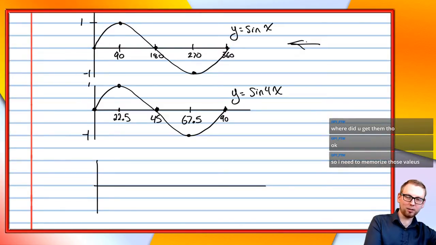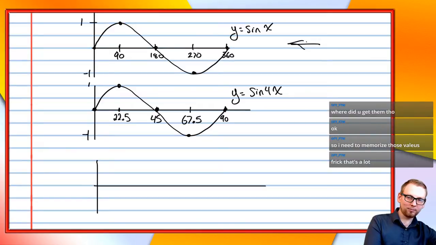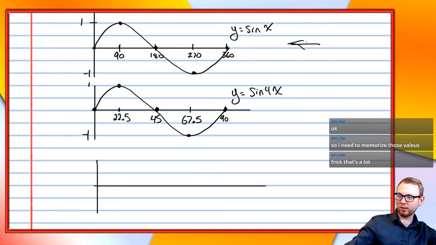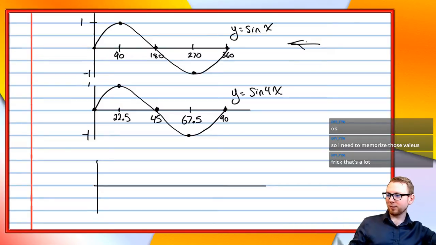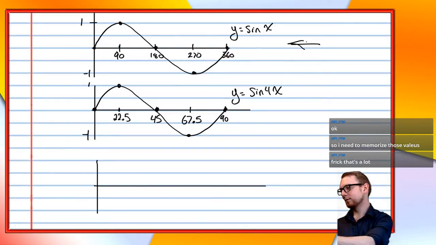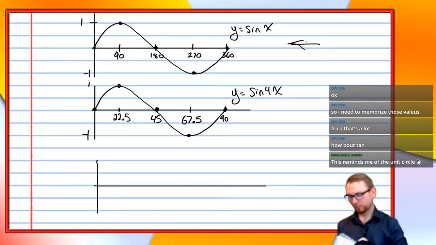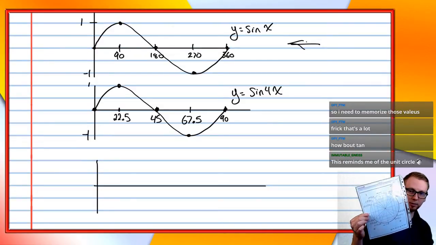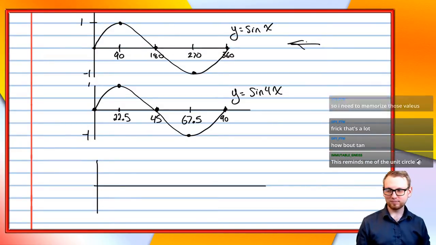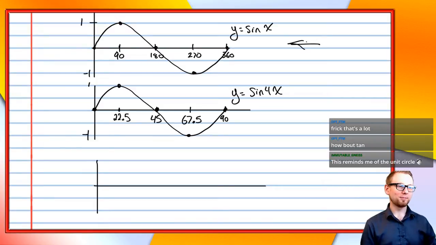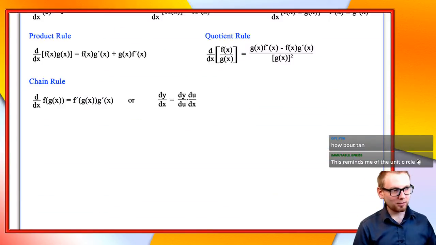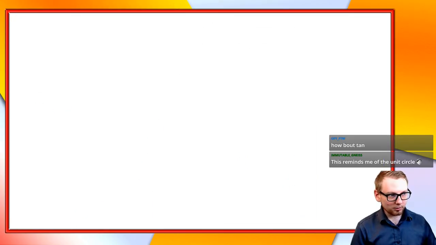Yeah, 90, 180, 270. It's just the regular sine and cosine, 4 values. They're on the unit circle. They're on here. This is the unit circle one. What was the unit circle page? Page 3? Yeah.